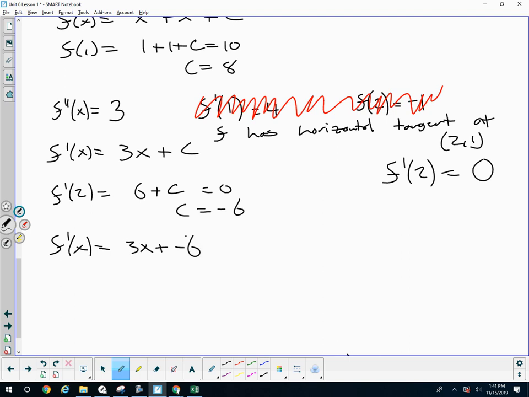Let's go find f. Now I do have the point 2, 1. That's f of 2 equals 1, a point I can use. Might look like it'll be messy, but it works out nicely.